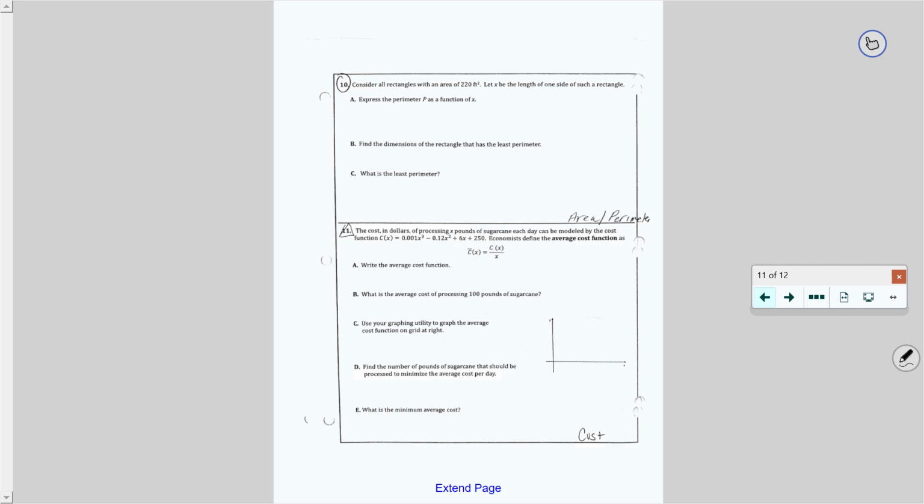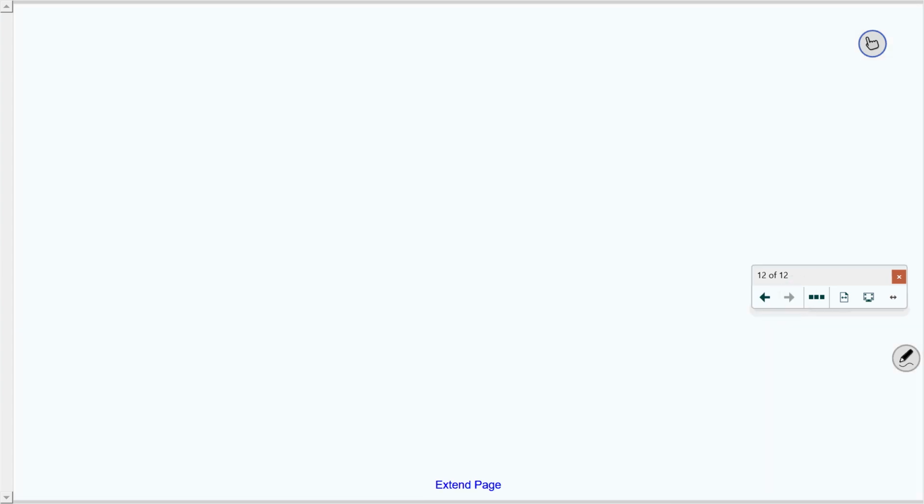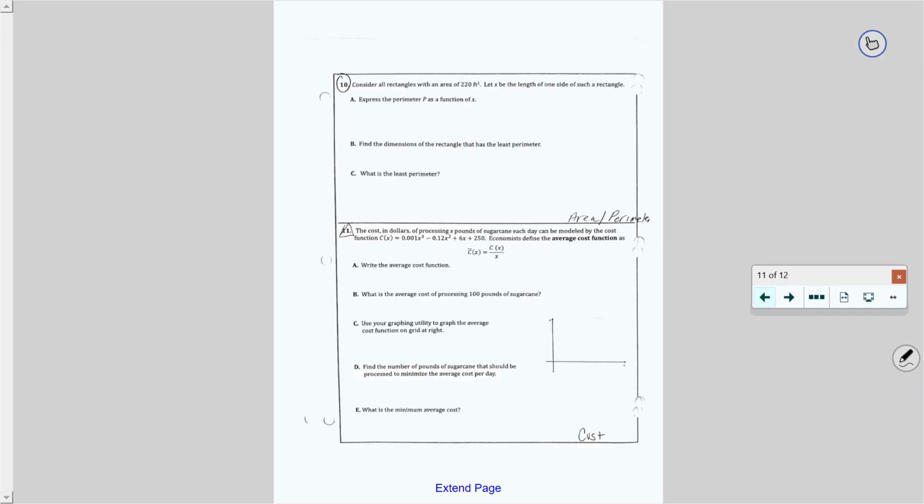11. All right, so I think 11 was really just a problem with the picture, okay? So it says we have a cost, and I need to find the average cost. So I need to take this function, 0.001 x cubed, and so forth, right? And find the average cost by dividing it by the sugar cane, right?